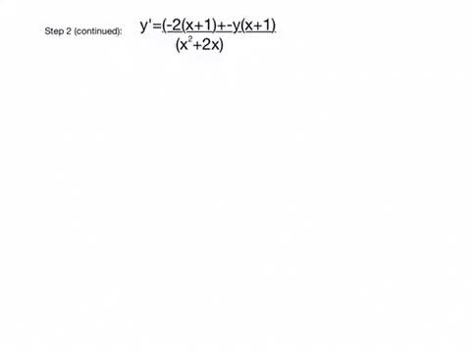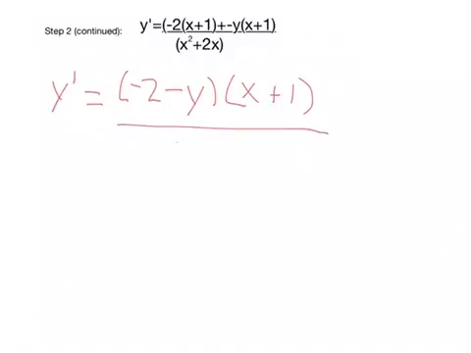Continuing with step 2, I just combined the numerators up here, and now if you look at the equation, you see that we have an x plus 1 here and an x plus 1 here. That's going to allow us to rewrite the equation as y prime equals negative 2 minus y times x plus 1 all over x squared plus 2x.